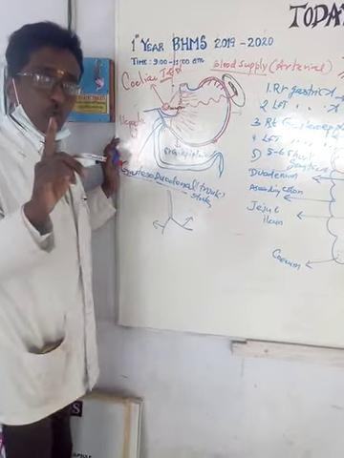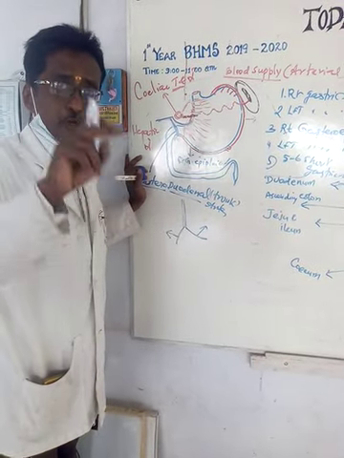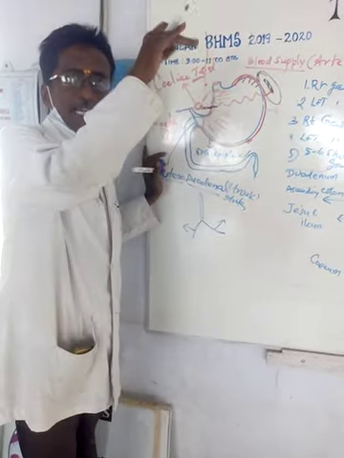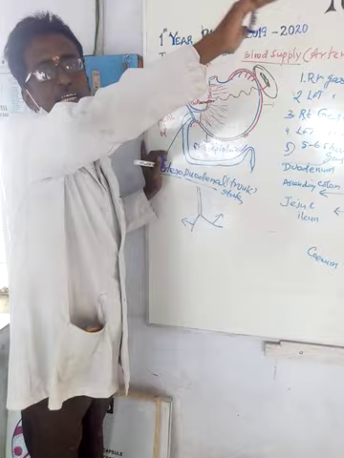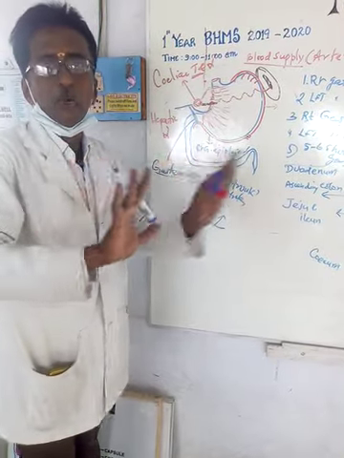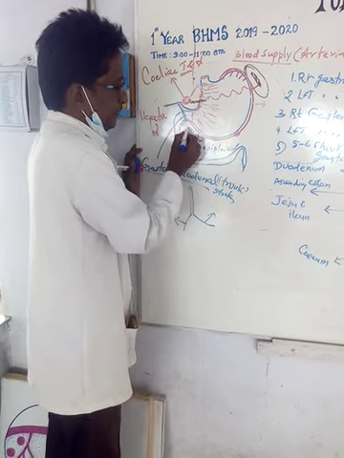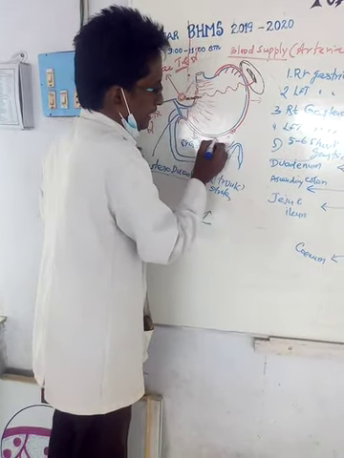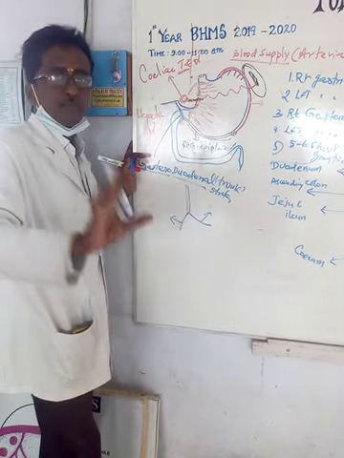So the right gastroepiploic artery is a branch from the gastroduodenal trunk. The gastroduodenal trunk is again from what? Hepatic artery. Hepatic artery from what? Celiac trunk. Celiac trunk from what? Abdominal aorta. Now this is the story. From the gastroduodenal trunk, the right gastroepiploic artery runs along the greater curvature of the stomach.